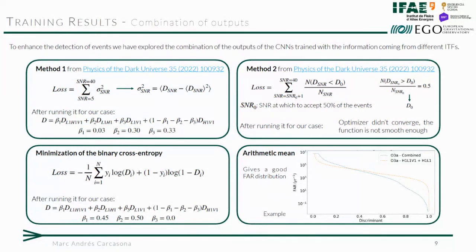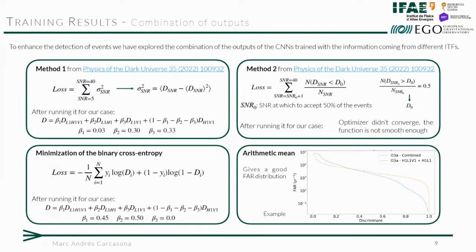If there is no event, there can be 1 or 2 of them giving high confidence that there is something there due to a glitch, but the other neural nets should tell something like there is nothing there. So this is what triggered us to do an analysis of ways to combine the outputs.